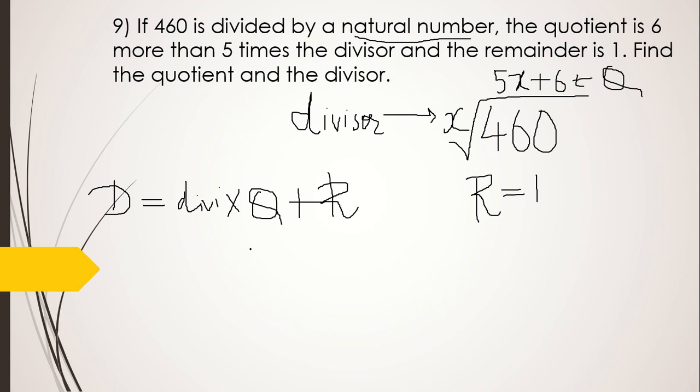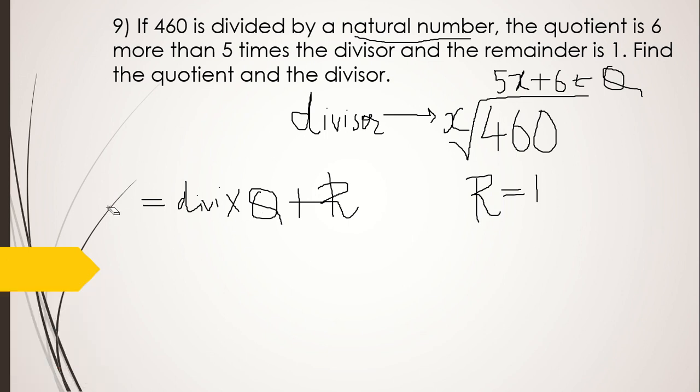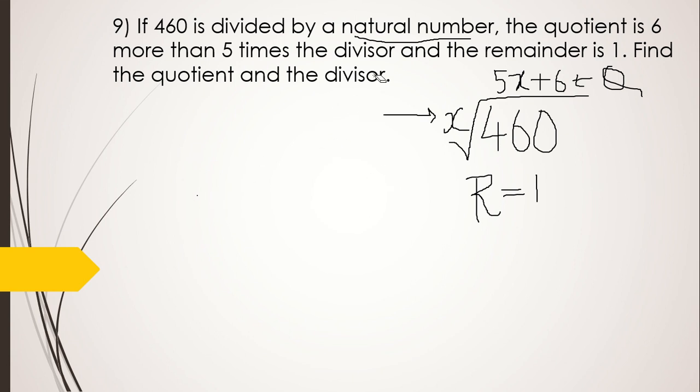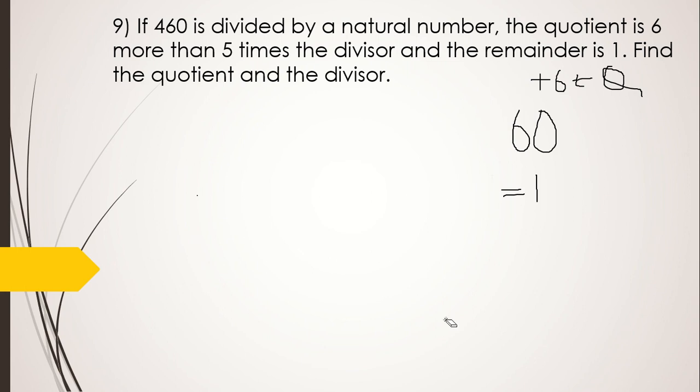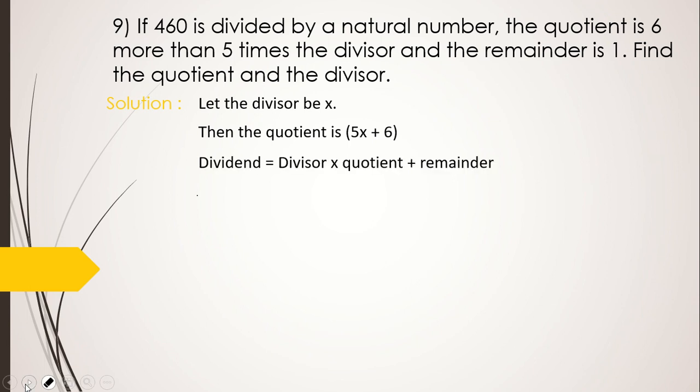We will use the formula, this is quite simple, not a difficult sum. Just substitute in the formula. That's it. So let the divisor be x, then the quotient is 5x plus 6 according to the condition given in the question.